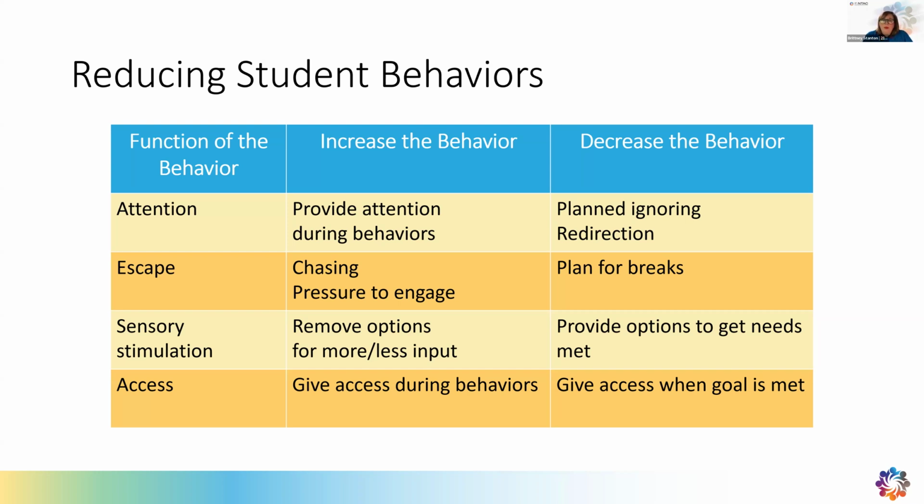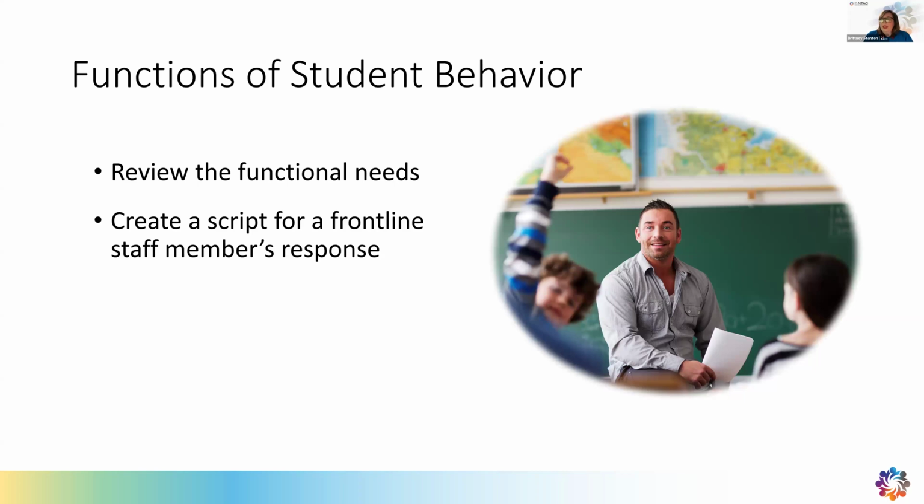And so we're going to head back to our breakout rooms for a few more minutes and look at a few other examples of a specific student behavior. And what we want to do in those breakout rooms is to create a script for an adult to respond in a way that will actually lower the temperature on that behavior.